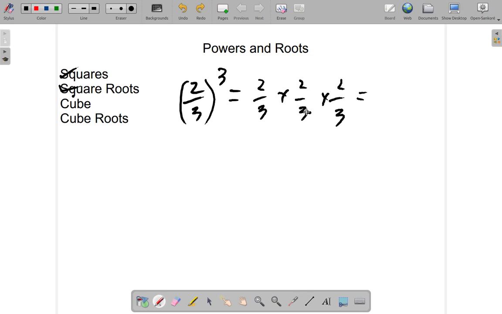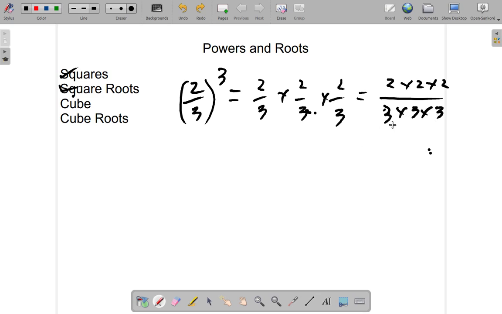Now, later on in fractions, we're going to concentrate on the fact that you can add, subtract, multiply and divide fractions. But just a little touch of it here. When you multiply three fractions, just like when you multiply two fractions, you have top times top. When you multiply three fractions, top number, numerator, times top. So it's going to be 2 times 2 times 2 over denominator down the bottom here, 3 times 3 times 3.